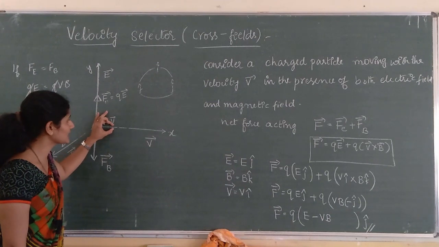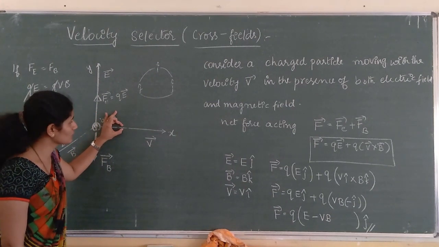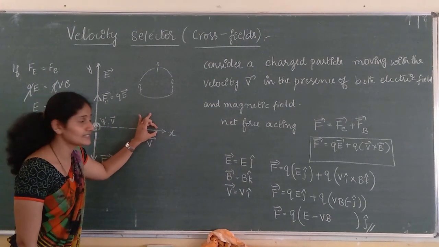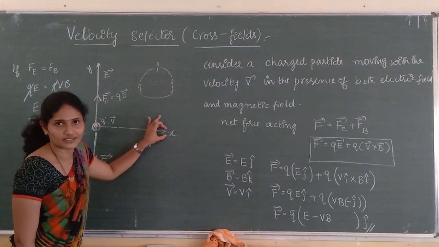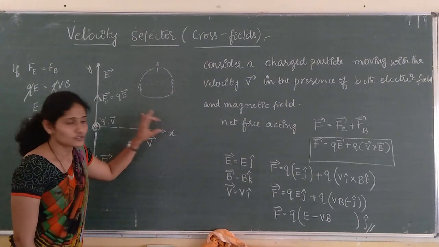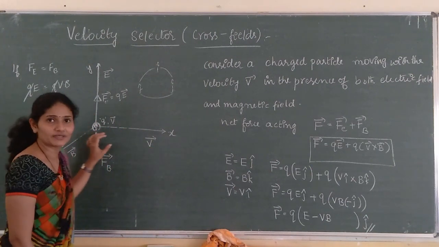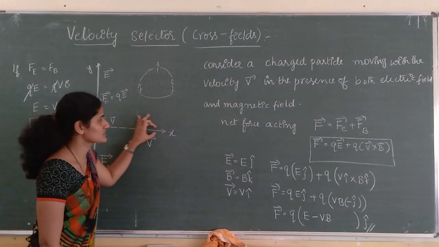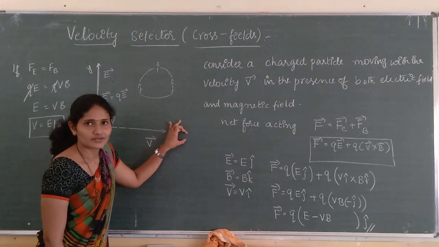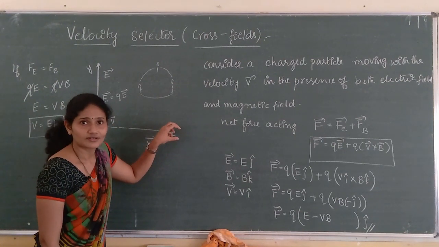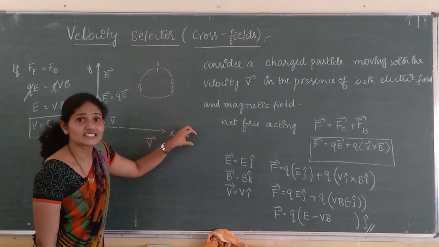Therefore, the particle will go undeviated or undeflected. So, the particle which is moving with the velocity E by B will cross the field. So, this is nothing but the desired velocity.